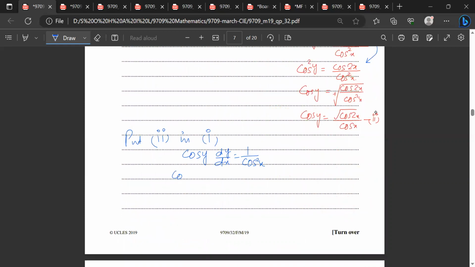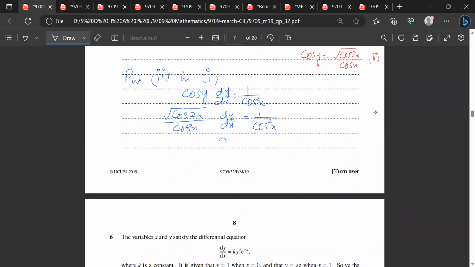Left hand side, square root of cos 2x divided by cos of x, dy by dx. And the final step is that you move 1 over cos square of x, cos of x over cos 2x, leaving dy by dx on the left hand side.